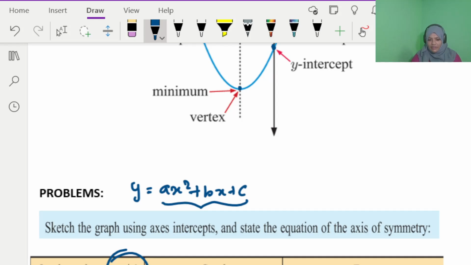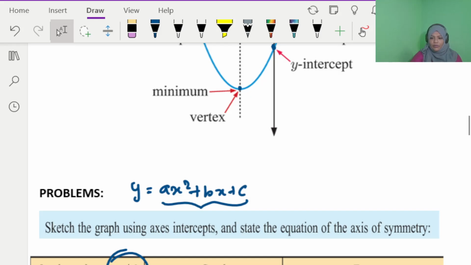The graph will have its x-intercepts at p and q, and the vertex will have the x coordinate (p plus q) by 2, which is the mean of them. The axis of symmetry will obviously pass through that, so the axis of symmetry is the line x equals (p plus q) by 2.